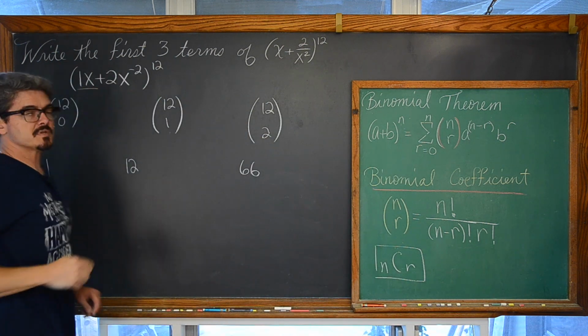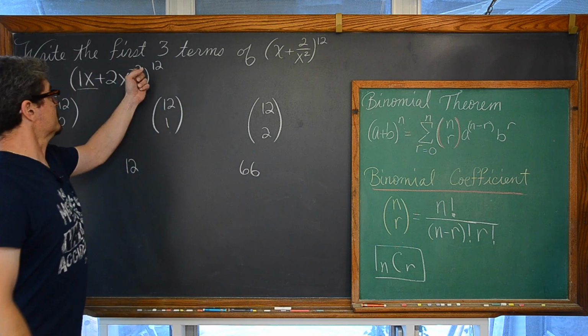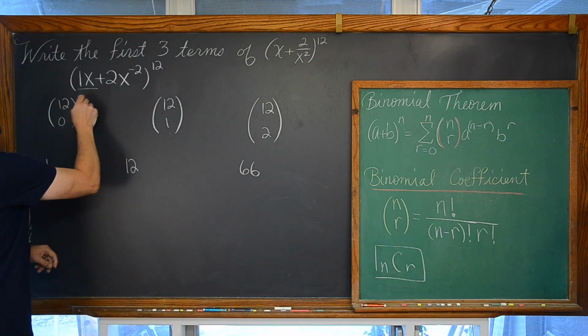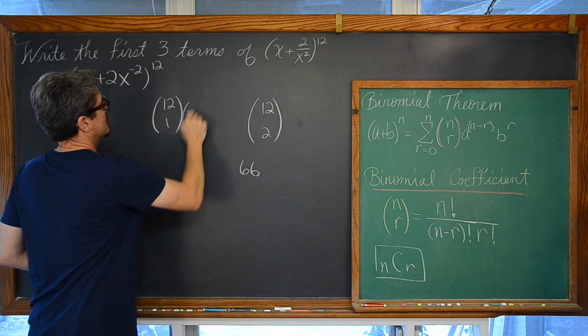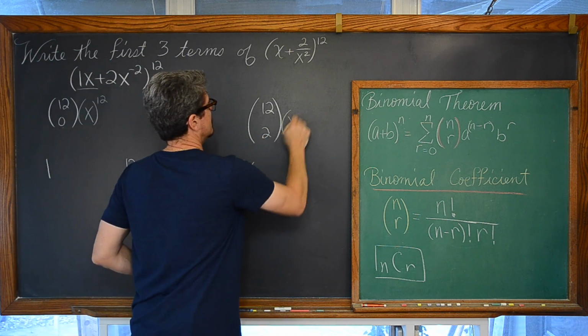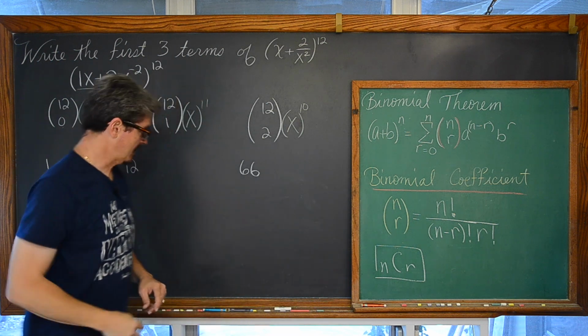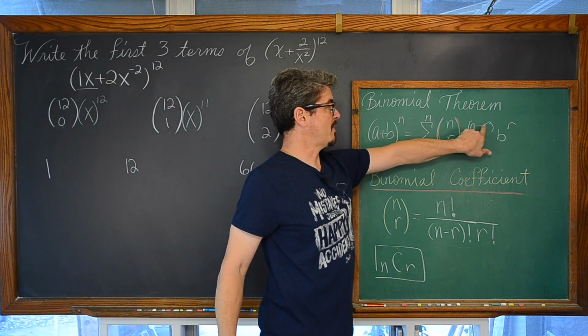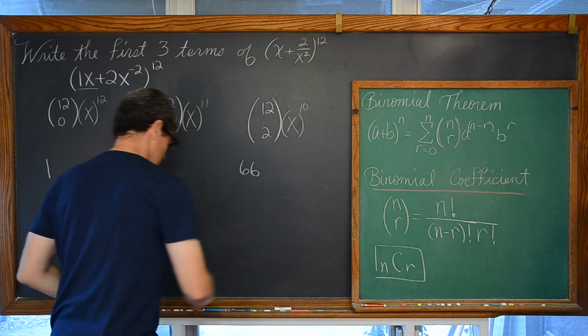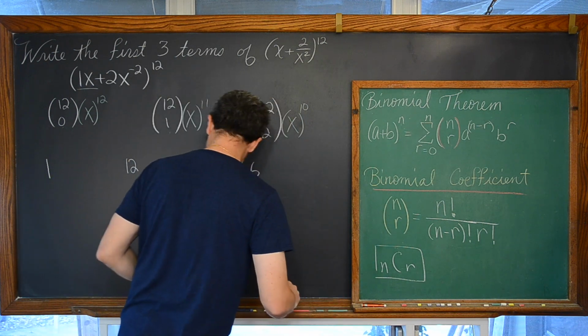Our first term is going to have powers that start at 12 and go down. So x to the 12th, 11th, 10th, as r goes from 0, 1, and 2 with that 12 minus r power on the first term of our binomial.